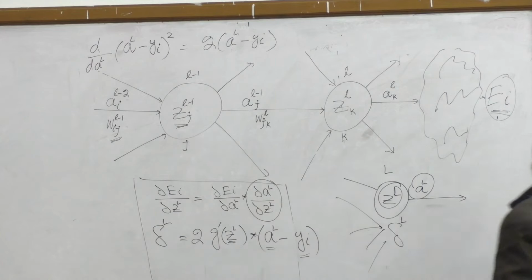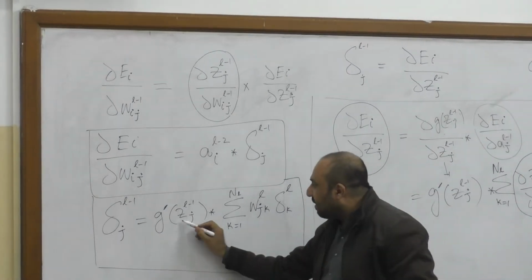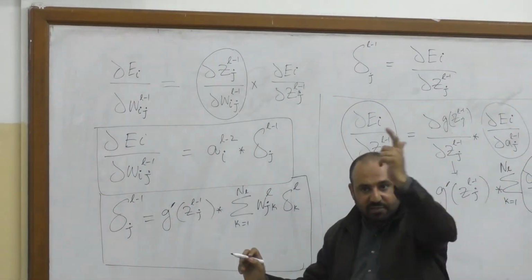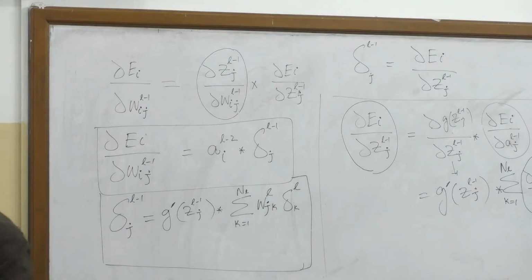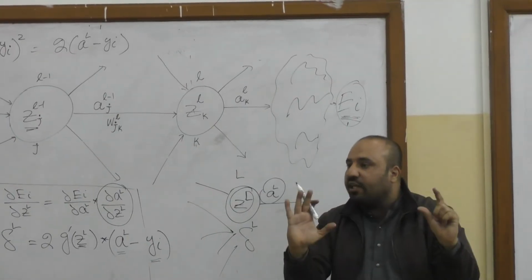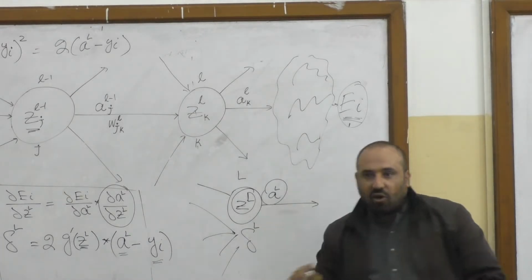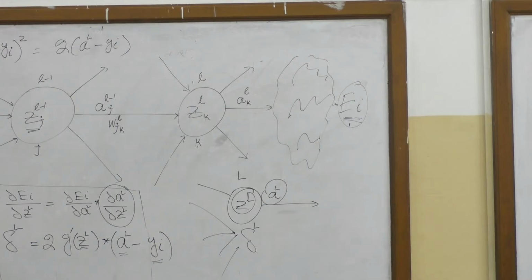Once delta L is computed, I will go to this formula and I will compute the deltas at the previous layer. Now in the previous layer I have all the Z_j's. When I went through the forward pass, I saved the Z_j of every node there, I did not throw them away during the forward pass. I have all the Z's available, so I have the derivatives.